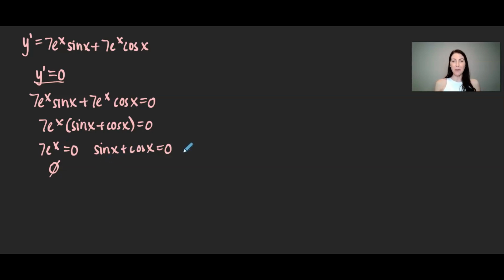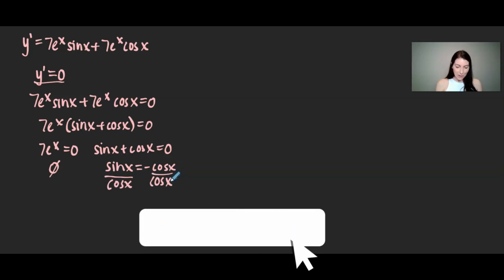There's multiple ways of solving this, but I think the best way is to try to get this to turn into one trig function rather than two trig functions of sine and cosine. So to do this, I'm going to subtract over the cosine of x. And then here's my trick. I'm going to divide both sides by cosine of x, and I'll show you how that will be helpful to us.